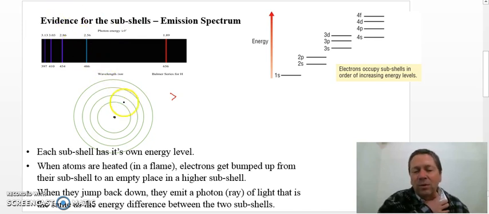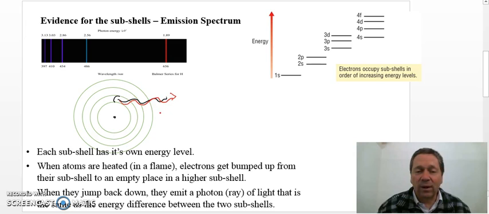It's funny, my drawings are disappearing. When it jumps from here to here, the electron gives off some light. That was supposed to be red. It gives off a red light ray.